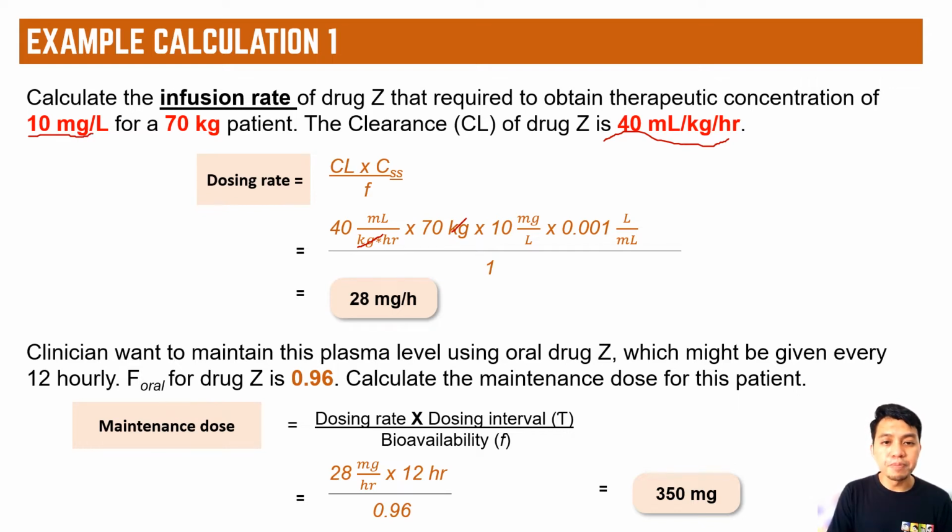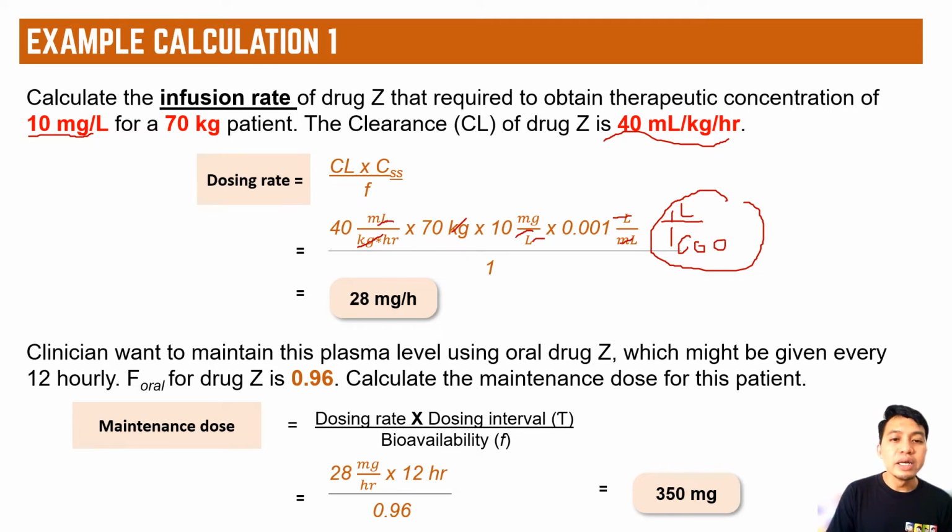But don't forget to cancel out the liter, the volume, since the liter and milliliter cannot be cancelled against one another, so you need to convert the liter to milliliter. 1 liter equals 1000 milliliter. That's why you come up with 0.001, based on 1 divided by 1000. So you can convert the value, and you can cancel the liter as well as the milliliter value.